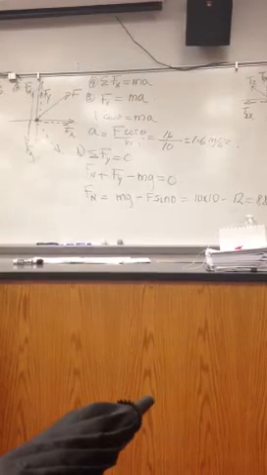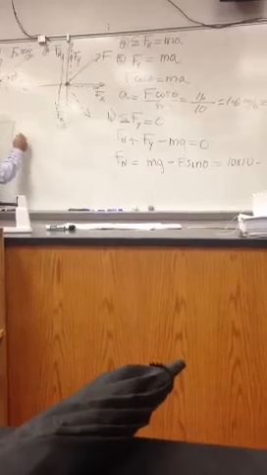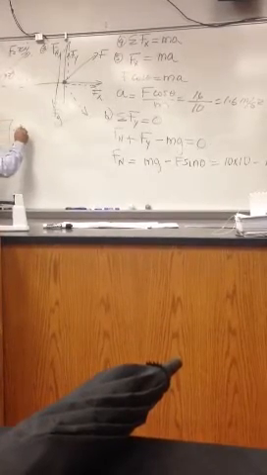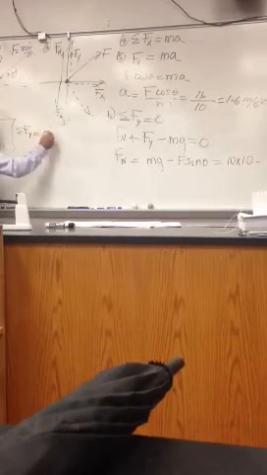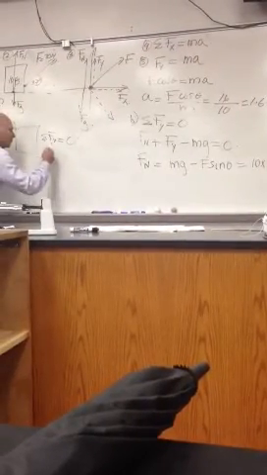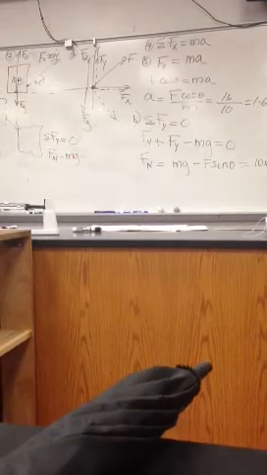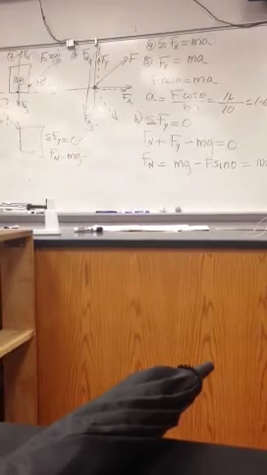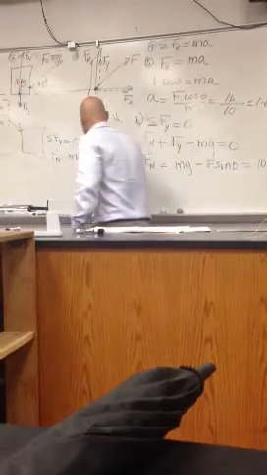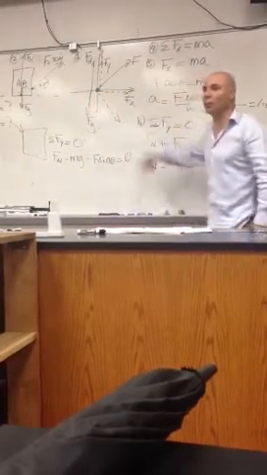What will be the net forces along Y? Normal force, up positive, minus mg, and in which direction is Fy? Down, equals 0. This is the Newton law in that situation.